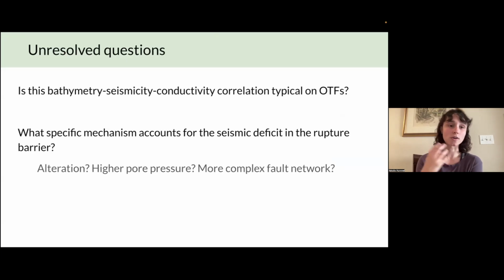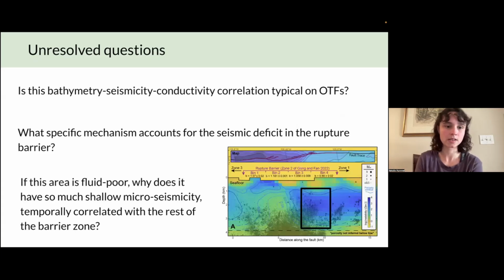We're observing this correlation between fluid and low coupling in the rupture barrier. But that correlation is consistent with alteration to weak or velocity strengthening minerals, changes in pore pressure, and potentially just a more complex fault network that is promoting smaller earthquakes and letting fluid in. So it's hard to determine causation from our observations.